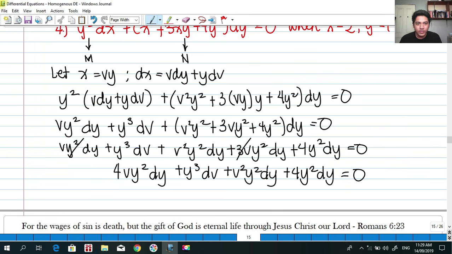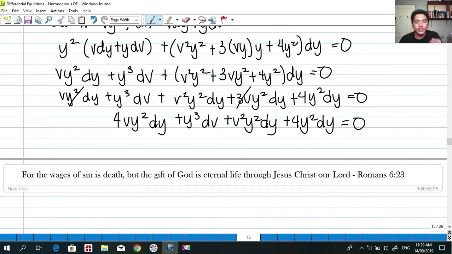The next thing to do is to factor out some variables. As you can see, all of the terms contain y squared.